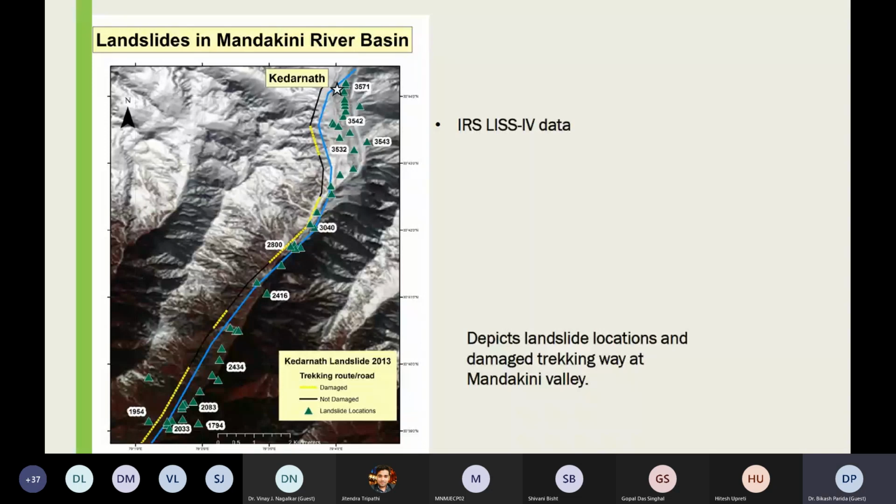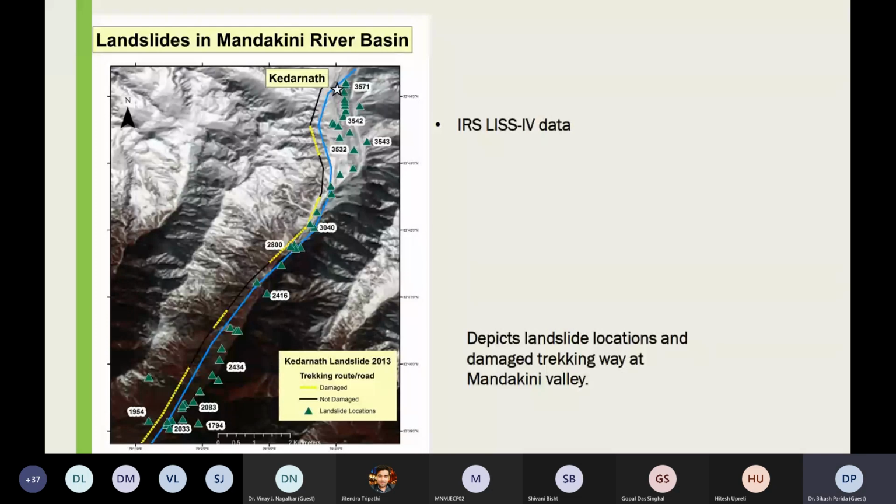And because of landslides, the trekking road going to Kedarnath has been affected heavily. All these affected roads have been demarcated by the yellow dots. Because of landslides, all these roads are disconnected. So that is the impact. And the landslides also have different biological impacts, not only the hydrological point of view. Biologically, it damages lots of your forest diversity.